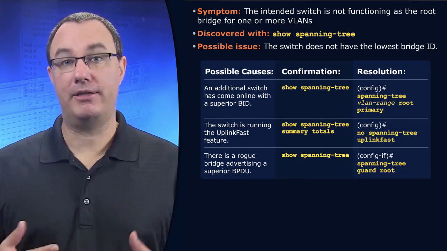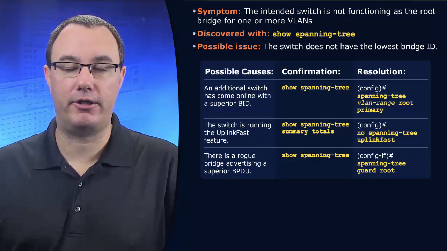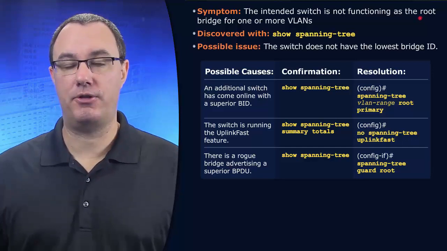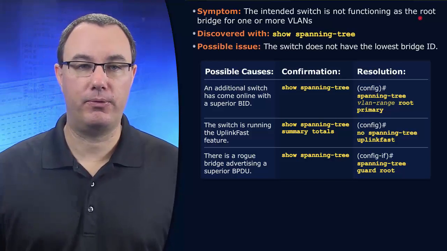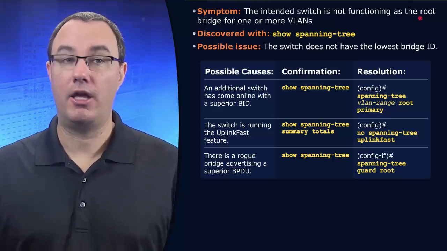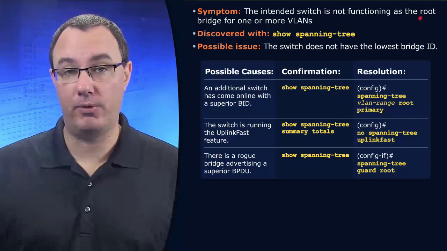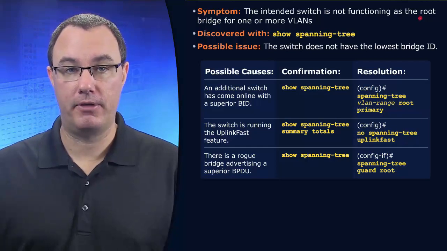When we think about the election that occurs inside of spanning tree, lower is better. And the first election and the most impactful election is the root bridge. The first thing we do is we think the priority is going to play a role. Now the priority can be manually set.